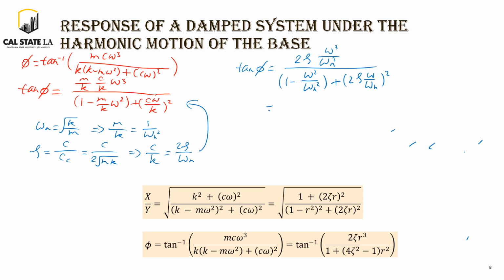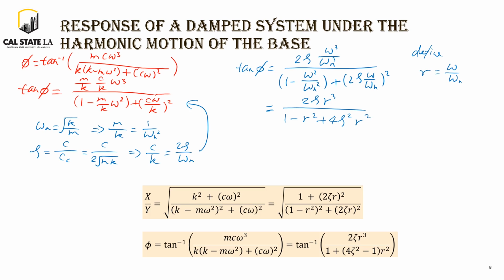We can define the frequency ratio R, that is equal to omega over omega n. So that becomes 2 zeta R cubed, and the denominator becomes 1 minus R squared plus 4 zeta squared R squared, right?